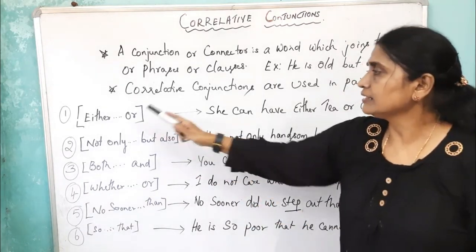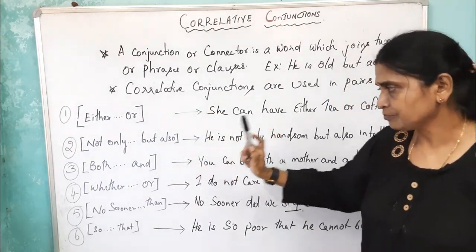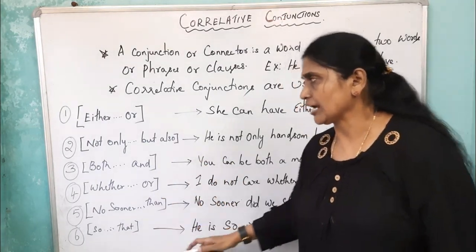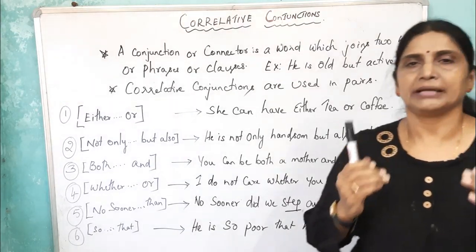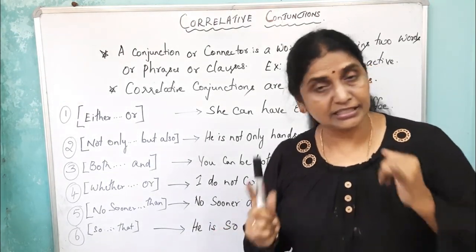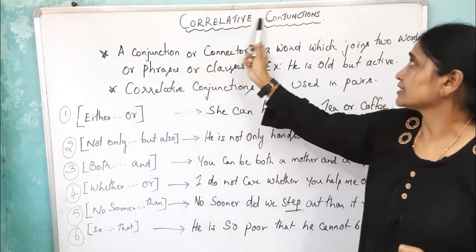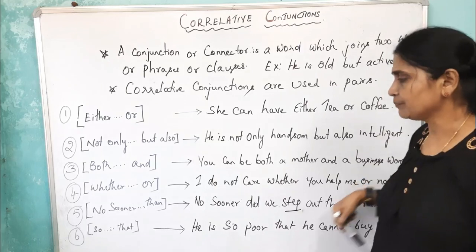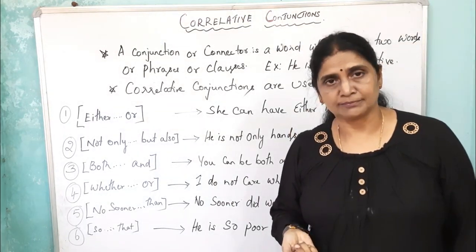So either or, not only but also, both and, whether or, no sooner than, so that. All these six have to be used in pairs. You cannot use them separately. That's condition number one. And these are called correlative conjunctions. And the usage also we have learned with certain samples. So hope you understood the class.